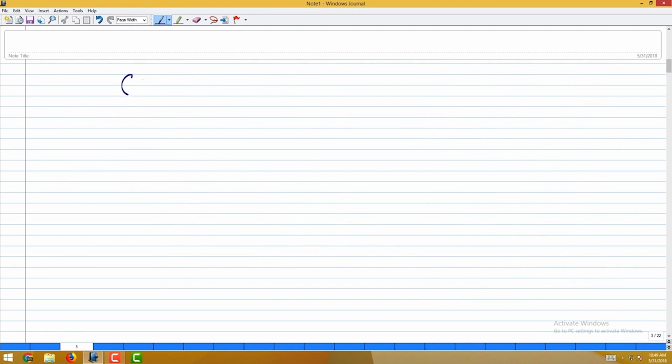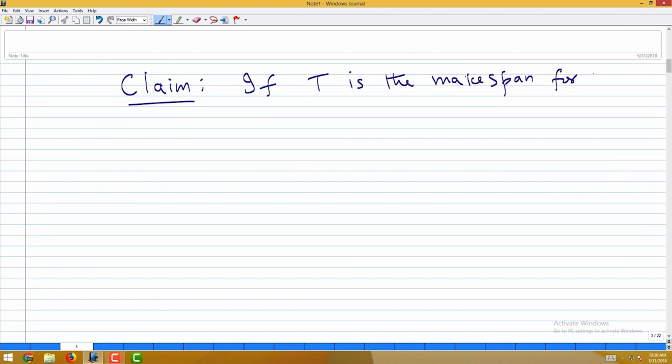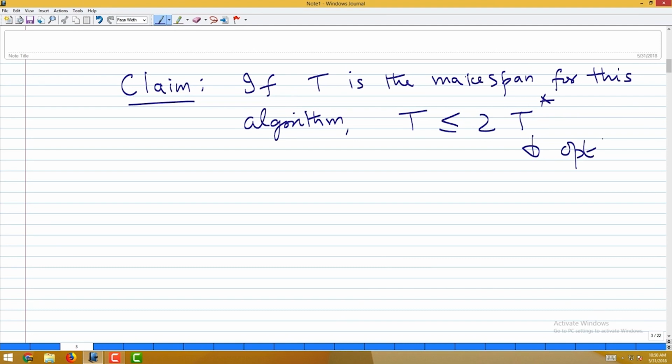The claim I want to make: if T is the makespan for this algorithm, T is at most 2 times opt. Okay, so it is a ratio 2 approximation algorithm. Again, the challenge is that I do not know opt, I do not know a way of even computing it, but we will use some lower bounds for opt to do this comparison. All right.